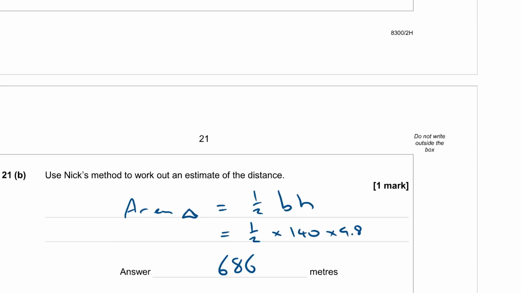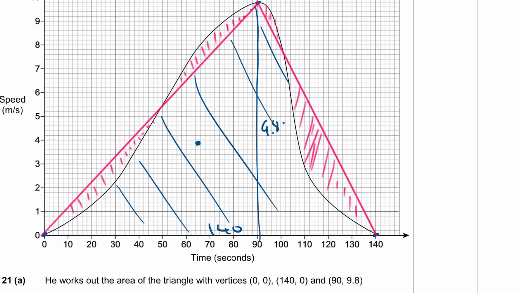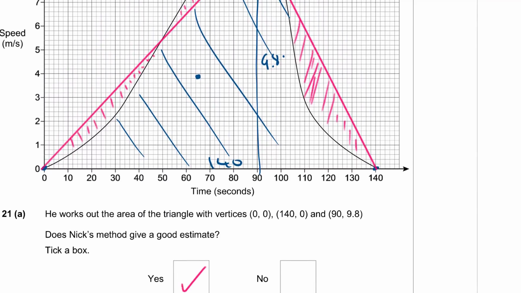So it looks like Helen had a lot of time on her hands, and she's counted all these little squares that lie underneath the graph and added them all up, and she's found there's 1,550 of those. So in order to turn that into a distance, we need to know how much one of those squares is worth.